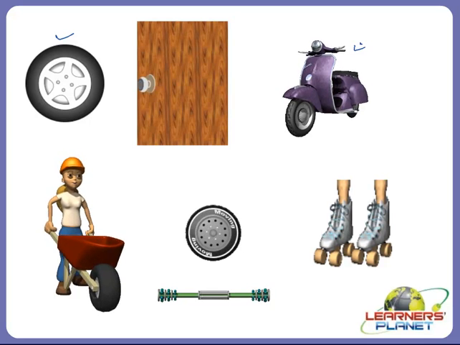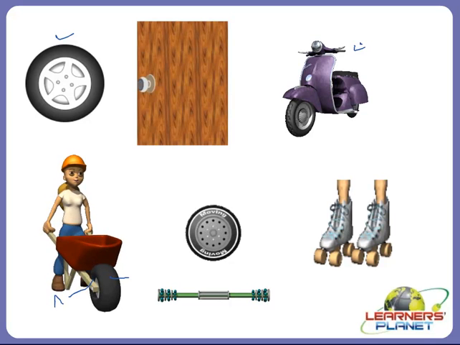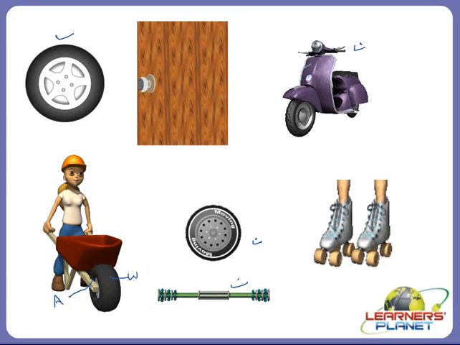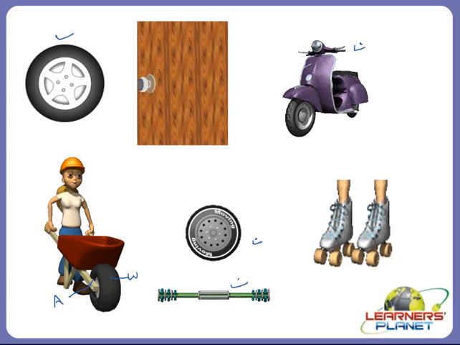This is a picture of a lady pushing a wagon, and here a wheel and an axle are attached to it. Here you can see that this is an axle and this is a wheel. Even the wheel and axle are very important in roller skates. It plays a very important role there also, right?